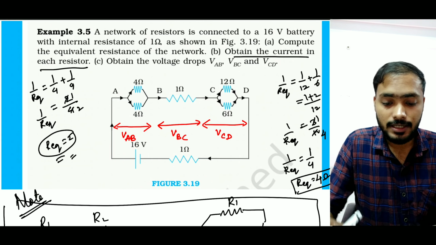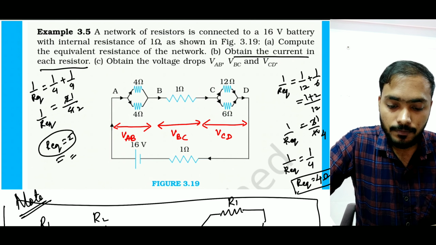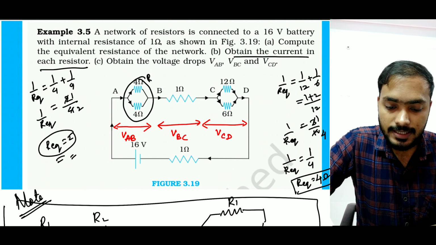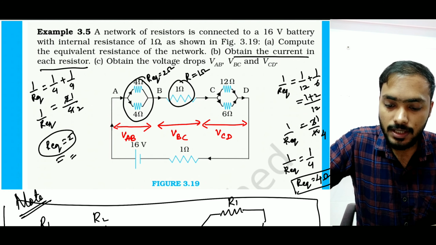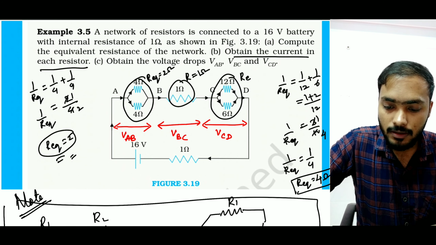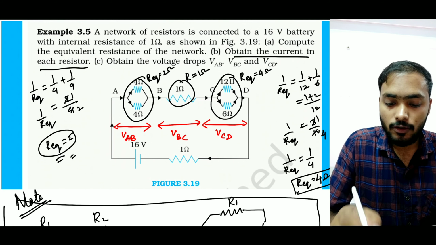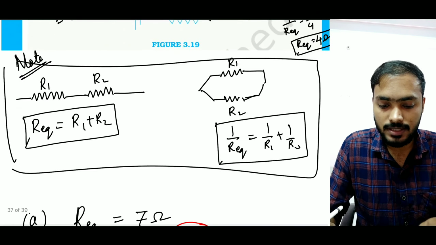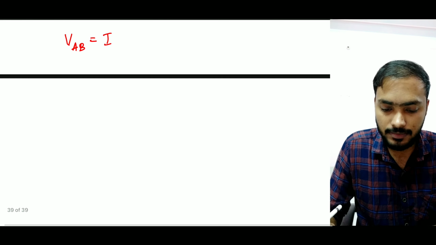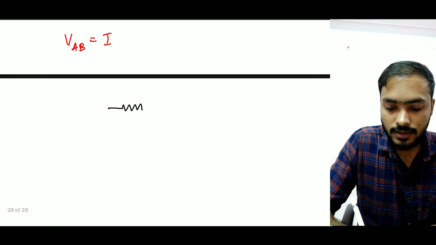Now the equivalent resistance here came out to be 2 ohm, here the equivalent resistance is 1 ohm, and here the equivalent resistance was 4 ohm. Obviously 2 ampere current is going to go in all of these resistors, so I can redraw this figure something like this.